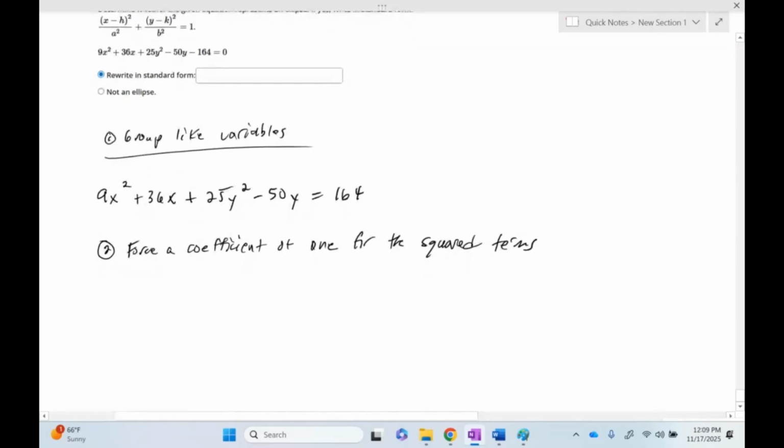Here's basically how I'm going to do that. For my x variables, I'm going to factor out 9. Because if I factor out 9, 9 times what will give us 9x squared? x squared, so I'm forcing that coefficient to be 1. And then 9 times what would give us 36x?